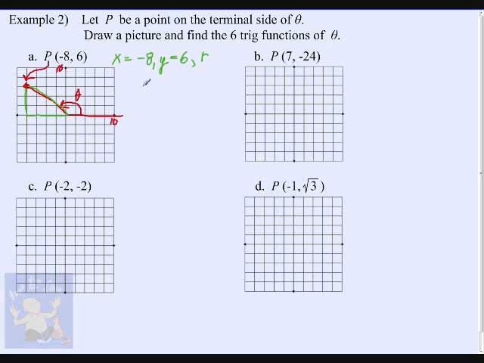You may recognize that this is just a multiple of the 3, 4, 5 triangle. And we could use the Pythagorean theorem to figure that out as well. Square this, add them together. You get 100, you take the square root of 100, which is 10. So, sine of theta.